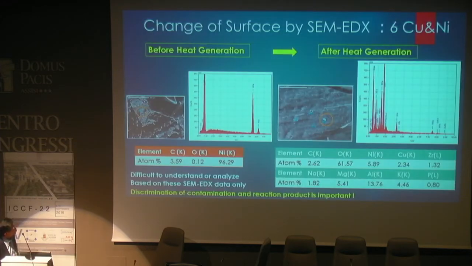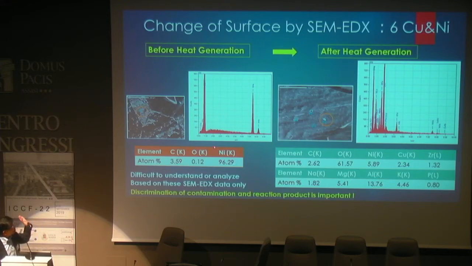Now, this figure shows the change of the surface by SEM-EDX. This is analyzed data for the 6-multilayer sample. As I show, it is a very good one, a large excess heat sample. Before heat generation, we do not see other material, usually nickel, carbon and oxygen.